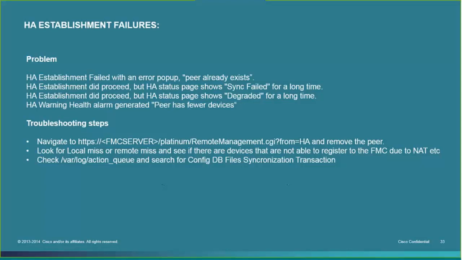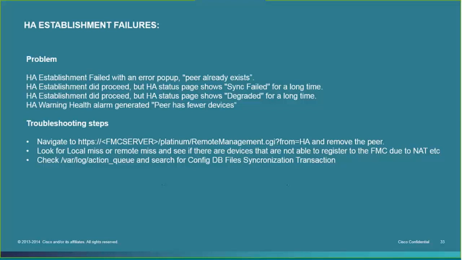The last resort that can be attempted is to delete those devices from the primary and re-attempt registration. During this time, as long as the HA is in a successful or healthy status, the FMC should start talking to the sensors again, the secondary FMC, and attempt to re-establish the communication channel. And this would mostly resolve the local or remote miss issues.